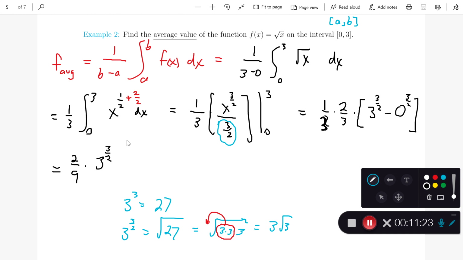So if you needed to simplify this further, you could write it as 2/9 times 3 root 3, which would be 2/3 root 3. Again, that's only if you needed to write it as a simplified root.